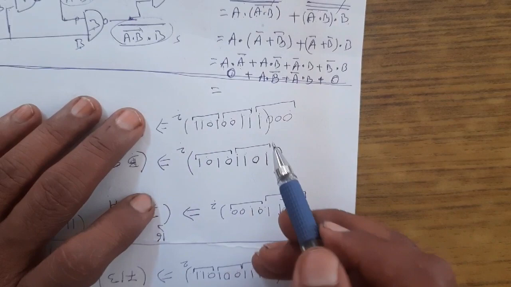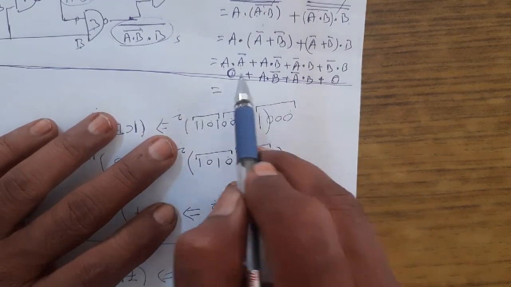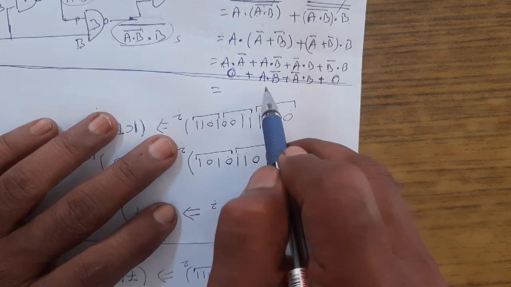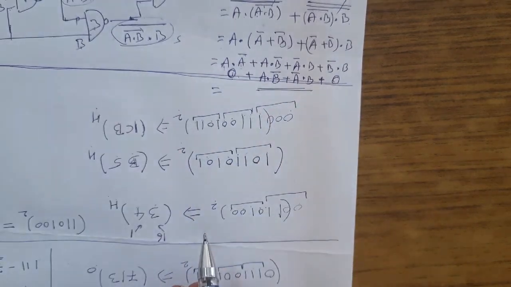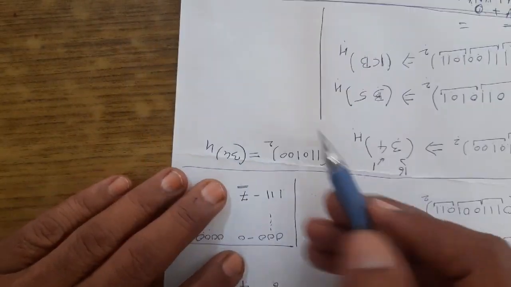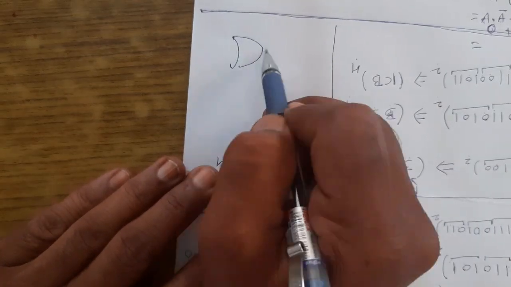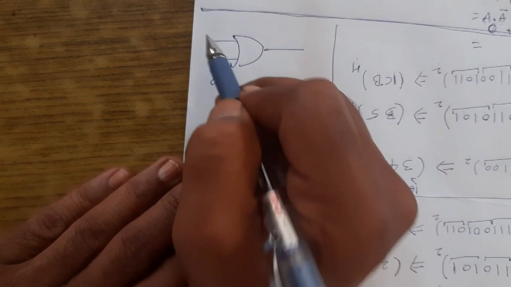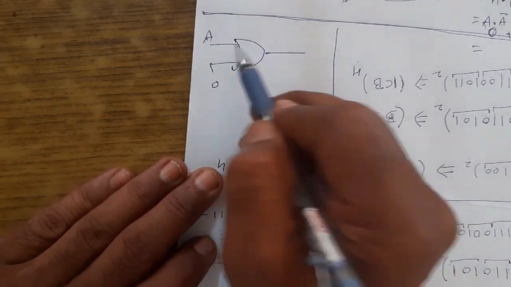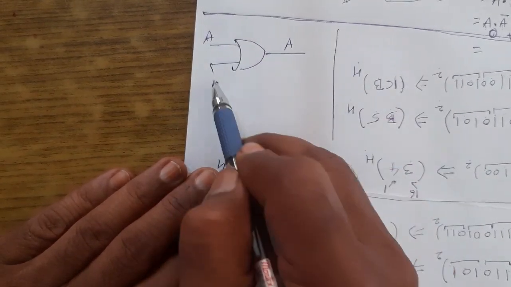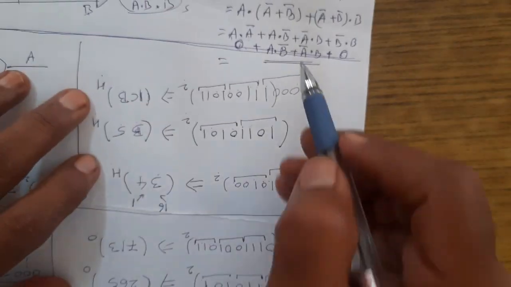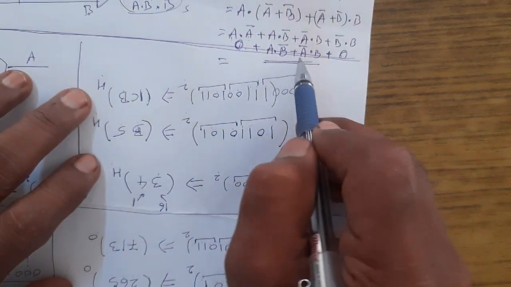And then finally I can say that if I add 0 or if I take OR with 0, the signal remains as it is. Correct? For example, I will represent here. Here it is our OR gate. Suppose this B is 0 and this A is only there, then it remains A because 0 will not affect the output, and hence this output remains as it is.